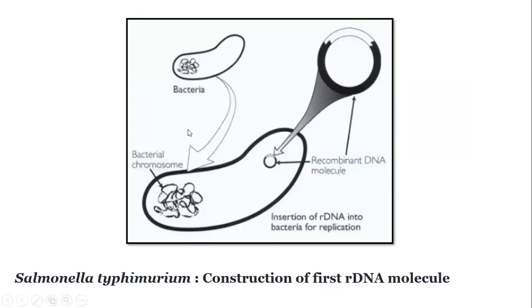You can see the plasmid here, and this is the bacterial chromosome, the bacterial genome of Salmonella typhimurium. As has been discussed, the antibiotic resistance gene was taken from the plasmid of Escherichia coli and recombinant DNA was created. This was first done by Cohen and Boyer.